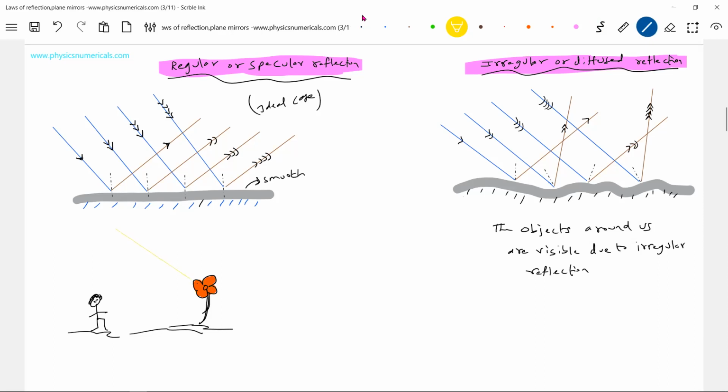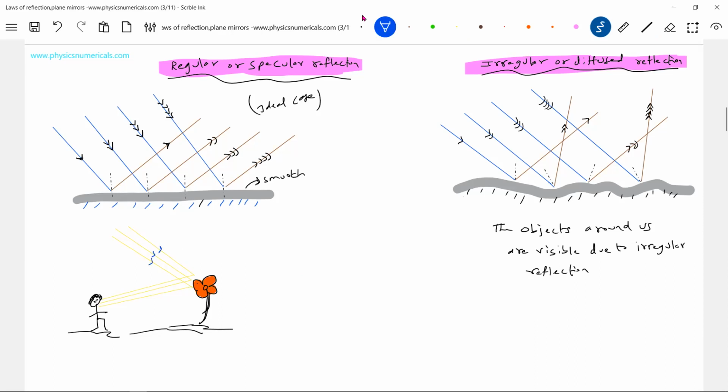The sunlight will be incident on this flower. After reflection, when it enters the eye, that particular flower is visible.